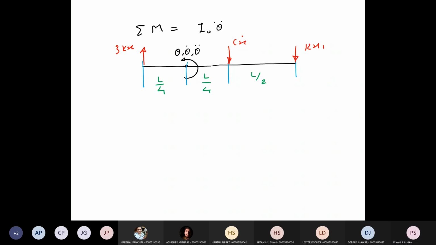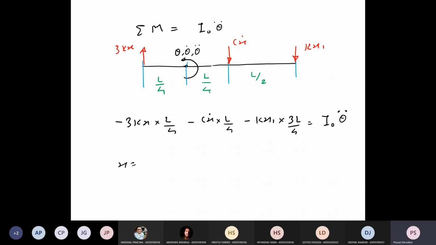So now write the equation. That is minus 3kx into L by 4 minus Cx dot into L by 4 minus Kx1 into 3L by 4 is equal to I0 theta double dot.